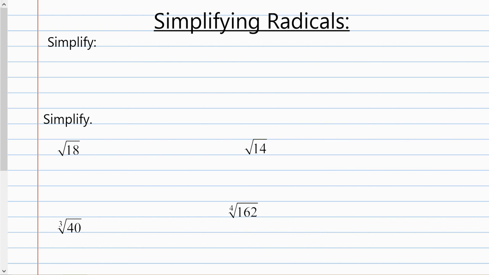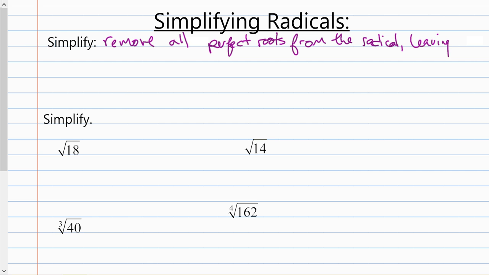So now we're going to talk about the rules for simplifying radicals. When I say simplify, what I mean is I want you to remove all perfect roots from the radical, leaving anything not broken down inside the radical.